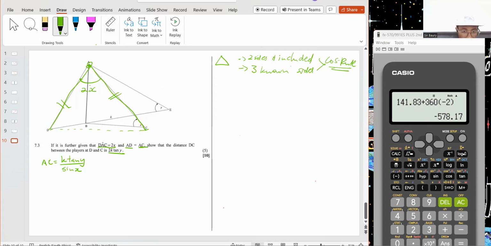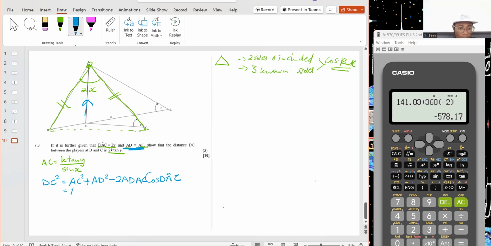So you're going to say that DC, which is the side opposite the known angle, squared is equal to AC squared plus AD squared minus 2 AD AC cos of DAC. When I do my substitutions, see what they said here, very important for you to use.